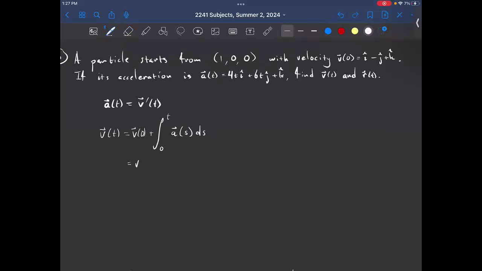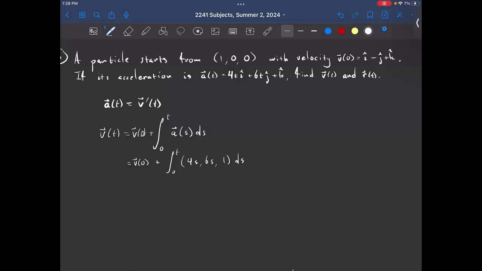Okay, so we have v0 right here plus the integral from 0 to t of our acceleration function, 4s, 6s, 1. Oop, that should be an s. 4s, 6s, 1 ds.